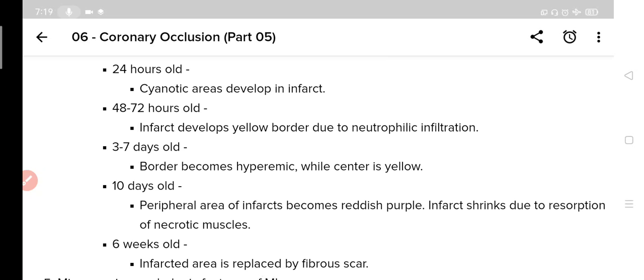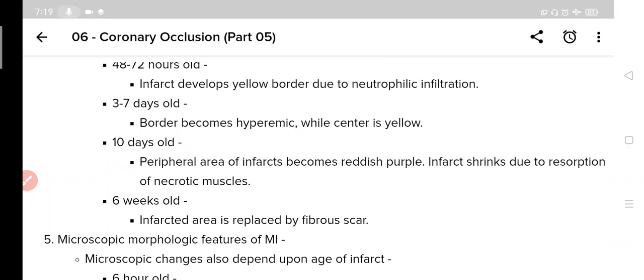And after 48 to 72 hours, the infarct develops a yellow border due to neutrophilic infiltration. These neutrophils come here to absorb the dead, infarcted part, because the body doesn't need this part now that it has become dead. So the neutrophils come to function like macrophages, and they give a yellow border appearance to this infarct.